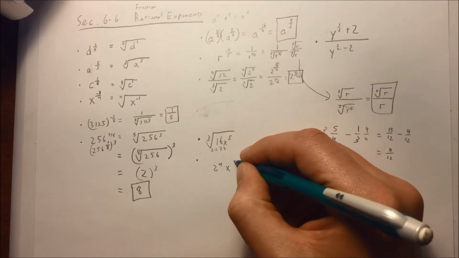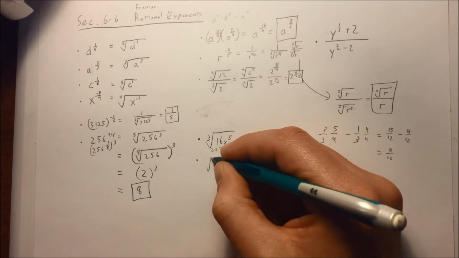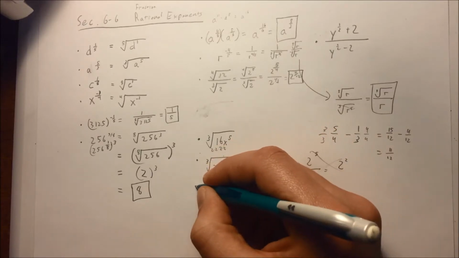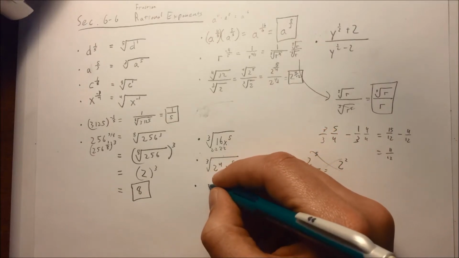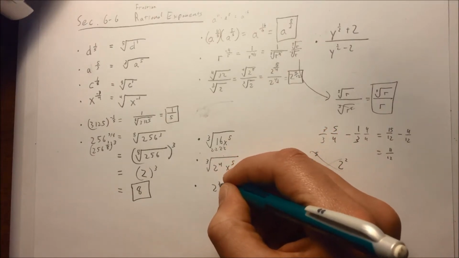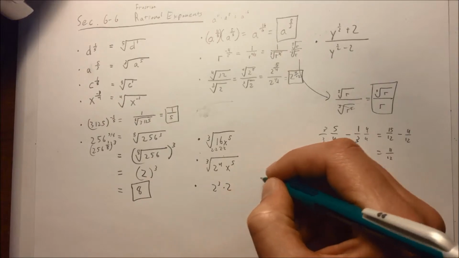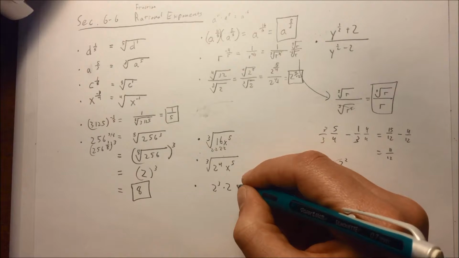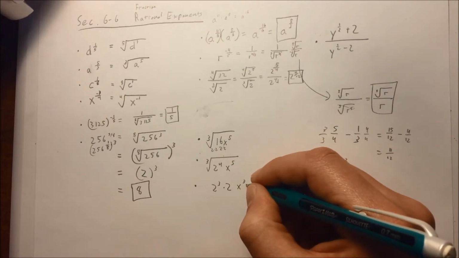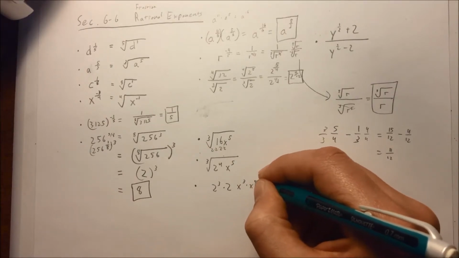And I've got x to the 5th. Cubic root of this. Well, let's change this up into 2 to the 3rd times 2, and then x cubed times x squared.